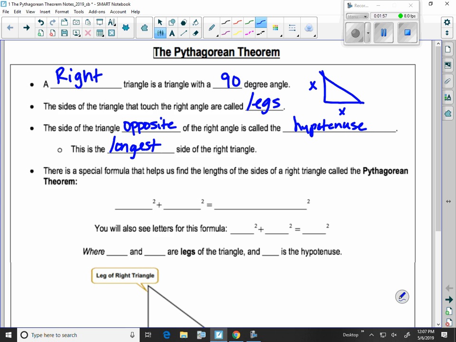There's a special formula that helps us find the length of the sides of a right triangle. We call that the Pythagorean theorem.